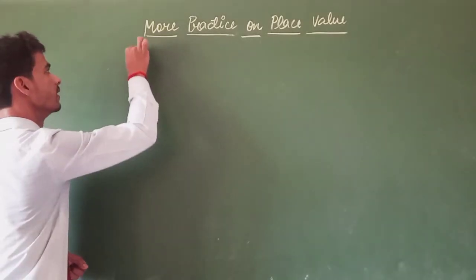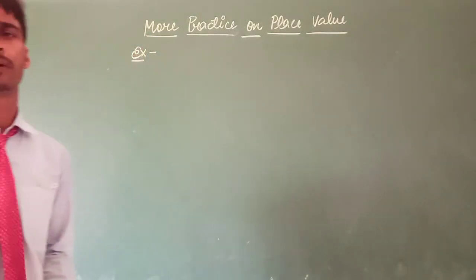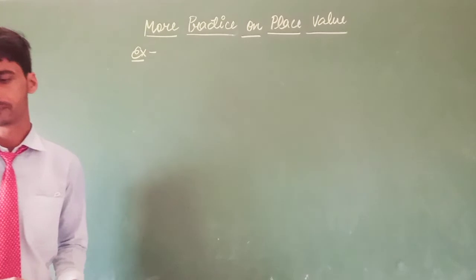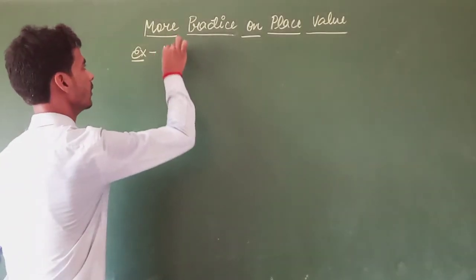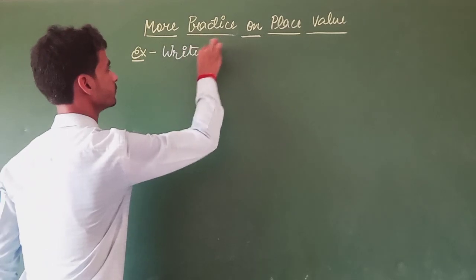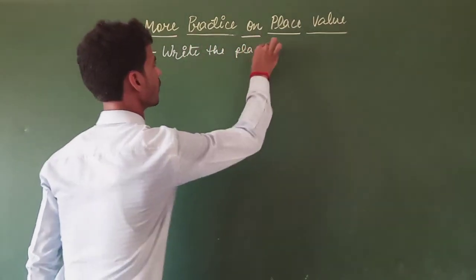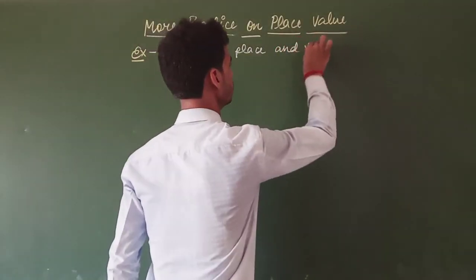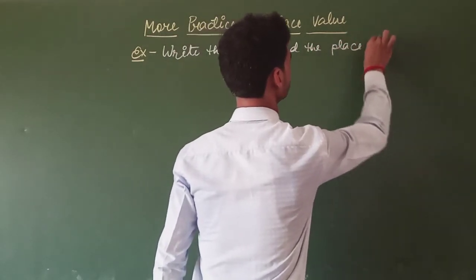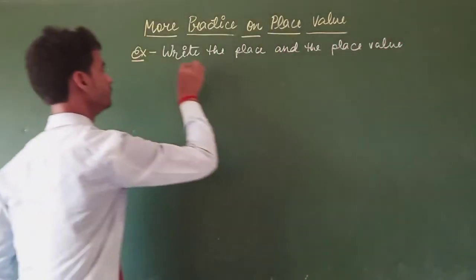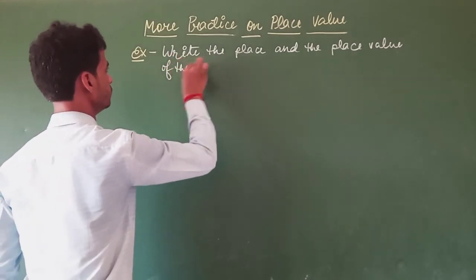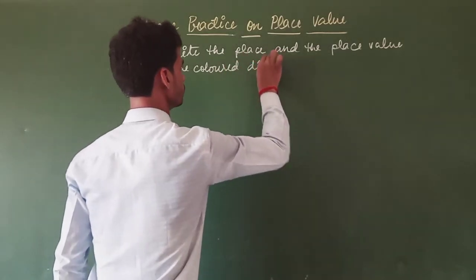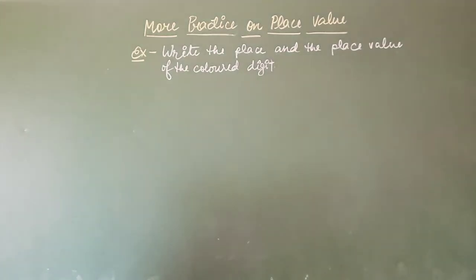What is this example? The question is: write a place and a place value of the colored digit.